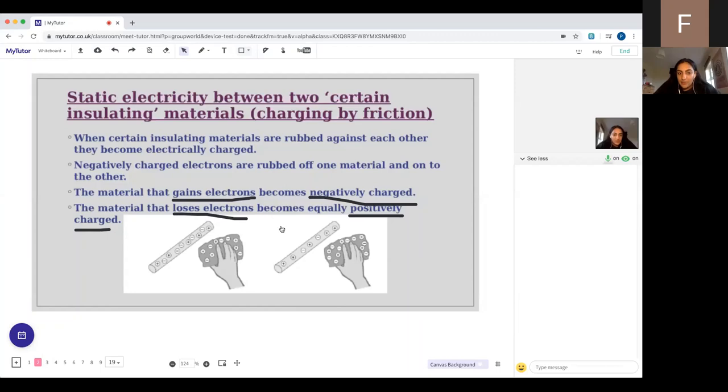So you don't need to know why the electrons go from one material to the other. That's an intrinsic property, and as I said, it's something to do with the conductivity and the resistivity. But the electrons go from one material to the other. So as I said, you only kind of need to know about the transfer of electrons and what losing electrons and what gaining electrons means for the charge.